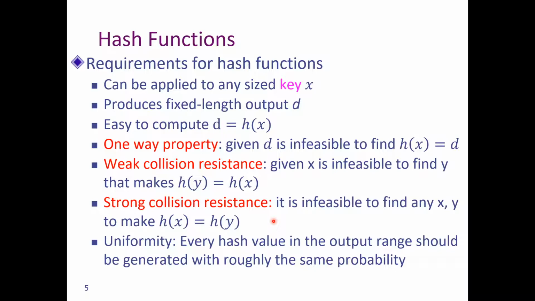Uniformity. Uniformity means every hash value in the output range should be generated with roughly the same probability. So in the example we talked about just now, the output range is from 0 to 15, right? There are 16 possible outputs from 0 to 15. What do we mean by uniformity?